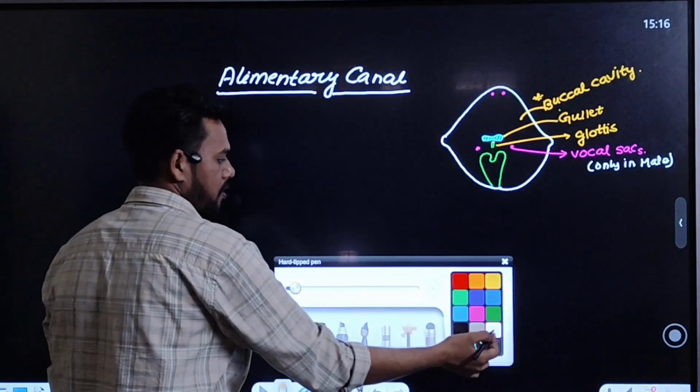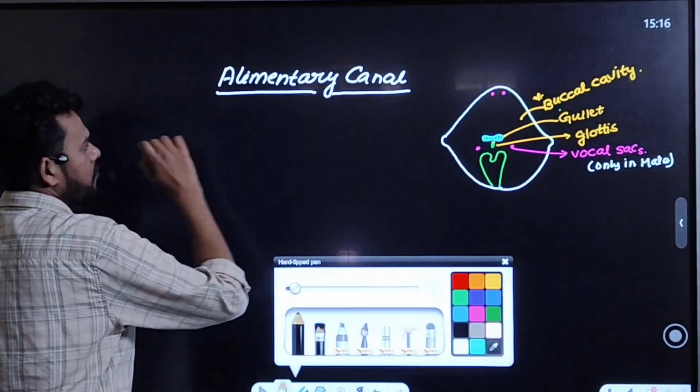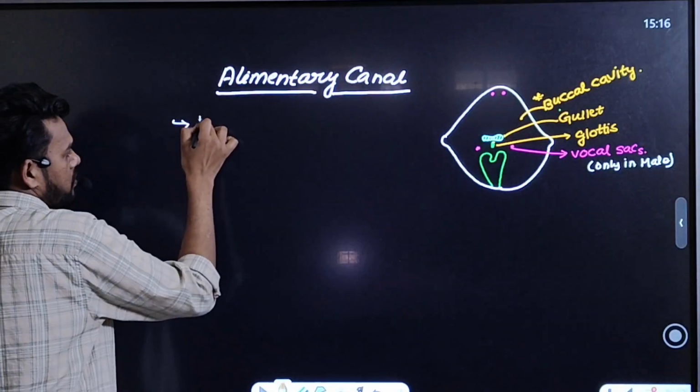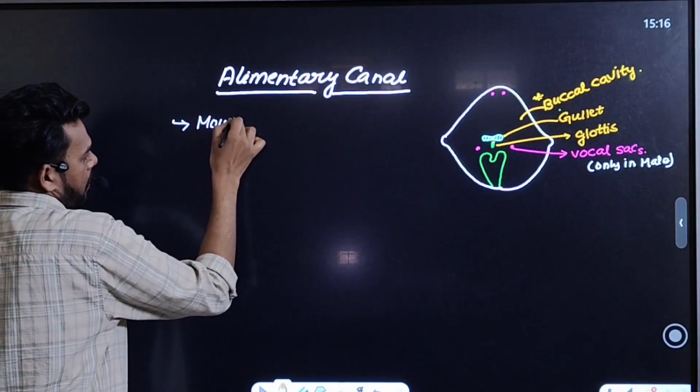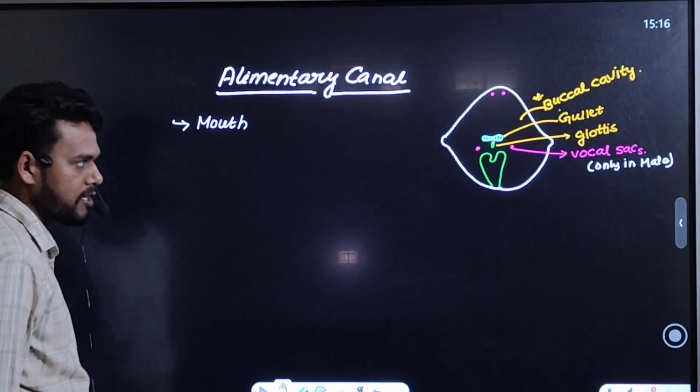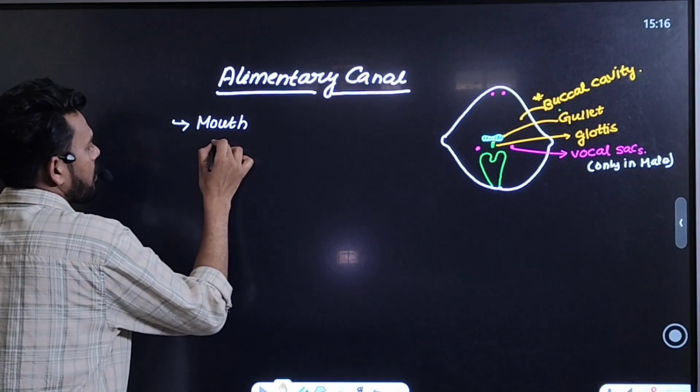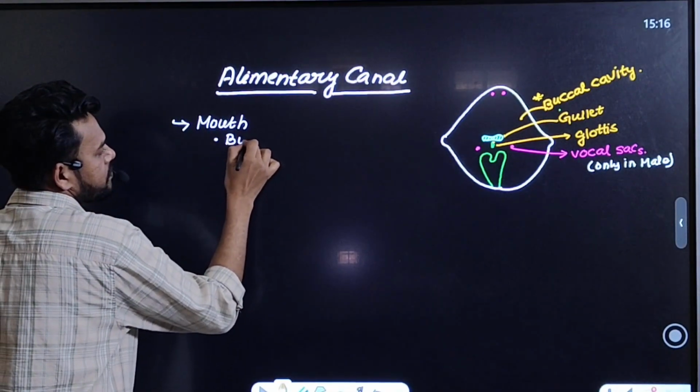So the first part of the alimentary canal of frog is the mouth. Mouth has various parts such as buccal cavity.